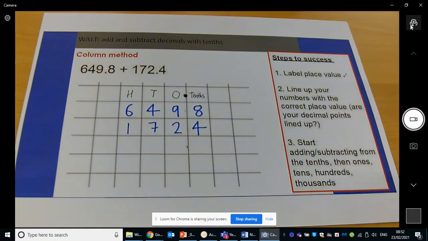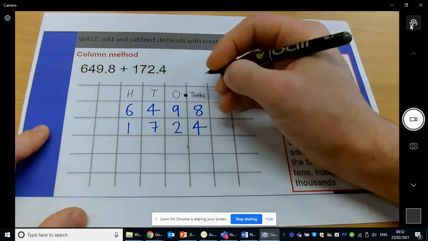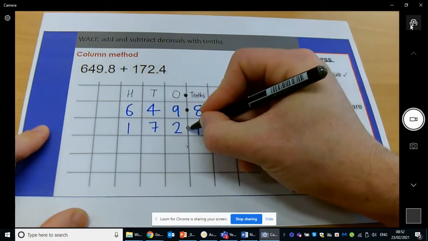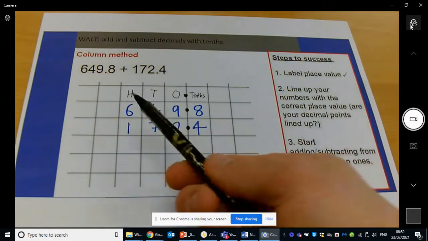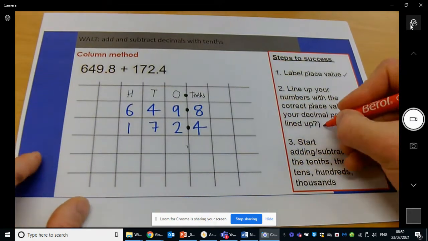No, Mr. Parker, what have I forgotten? Of course, I've forgotten my decimal point. So again, you can see how neatly these are done, and this is why it's important to have one number per digit, because otherwise it means that your decimal point is going to end up in the wrong place. So now we've got them lined up beautifully.